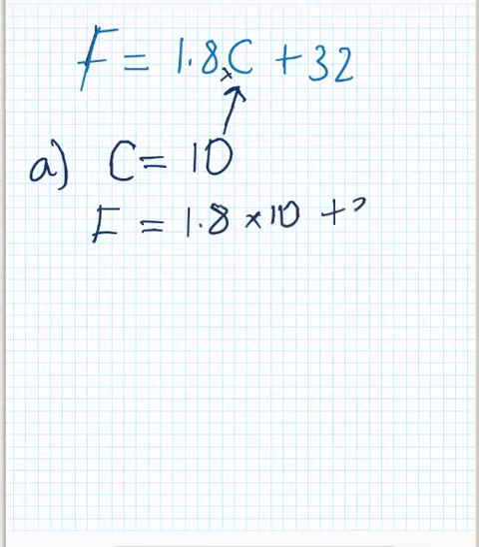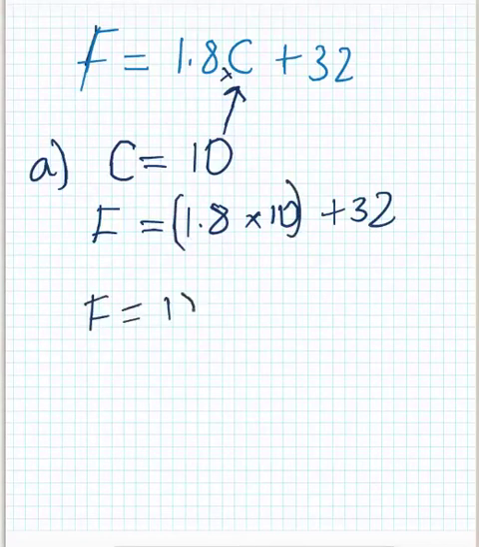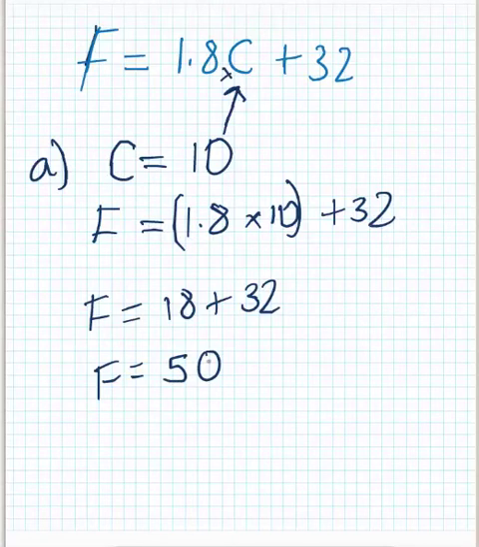We know with BODMAS that we do 1.8 times 10 first. So that will give me 18 plus 32. And 18 plus 32 is 50. Now, this is telling us that if in Australia it's 10 degrees Celsius, America would say it's 50 degrees Fahrenheit.